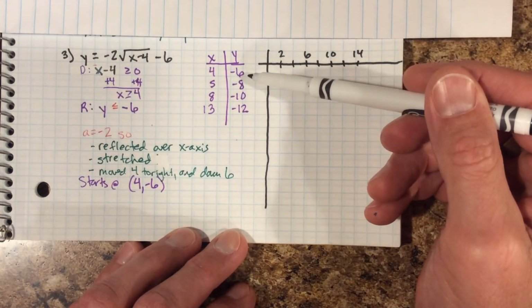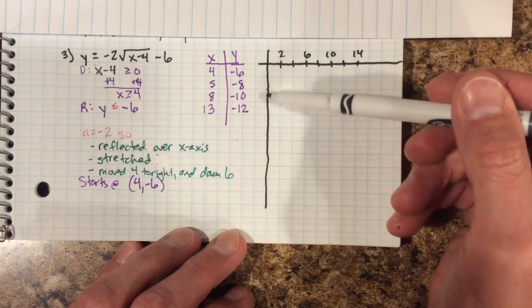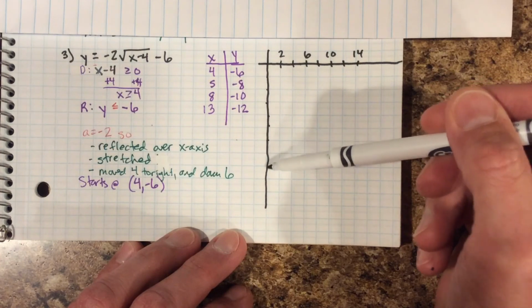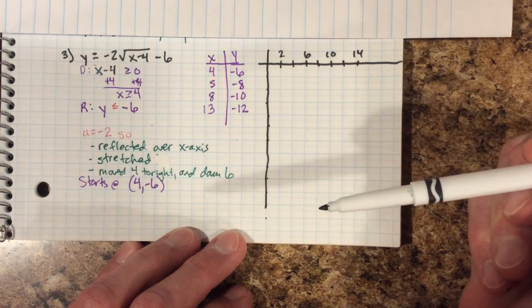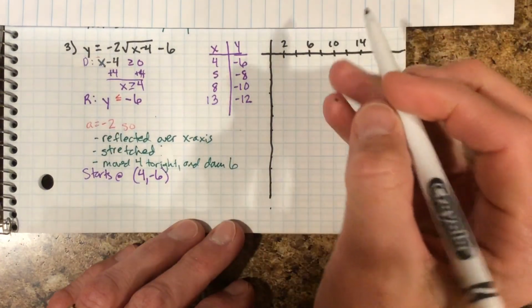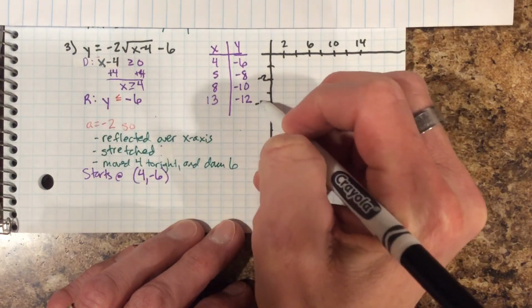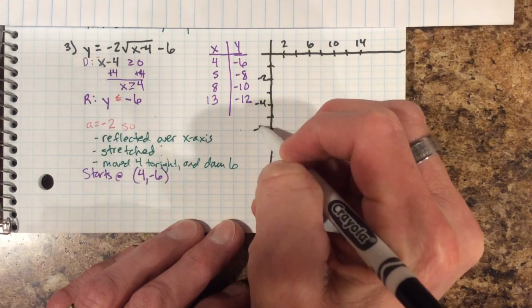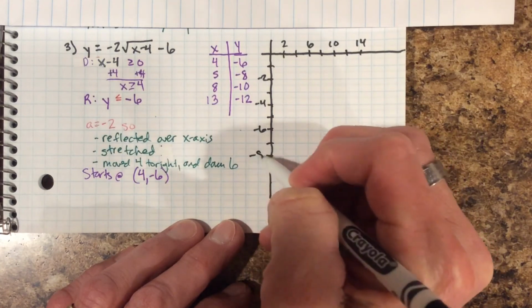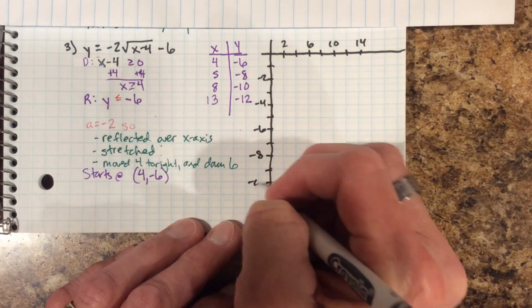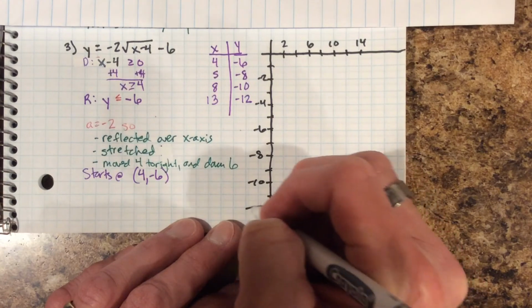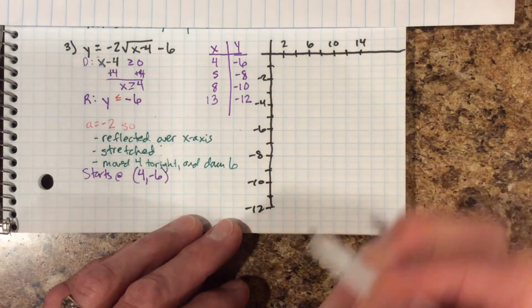My y values start at -6, and I can fit them all on here. So we're going to go ahead and count the y-axis by 1's so we get a better picture of our graph.